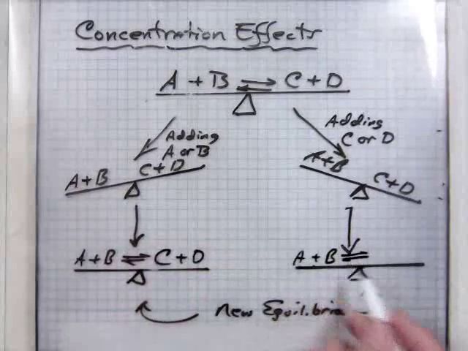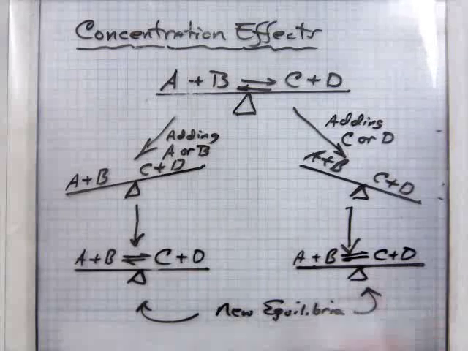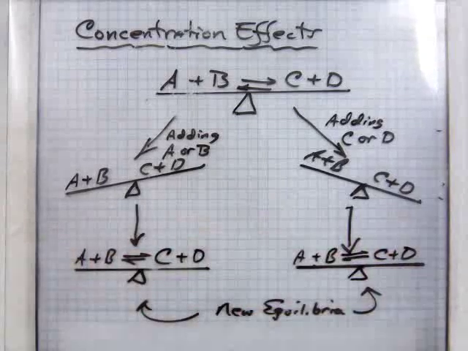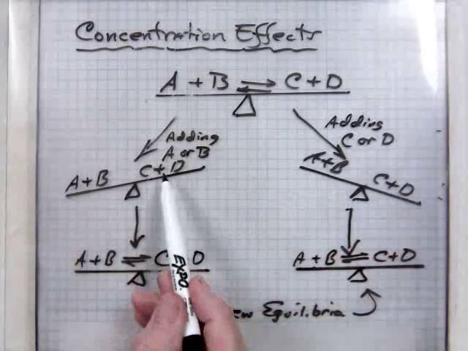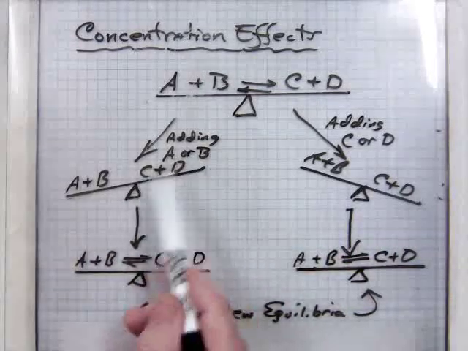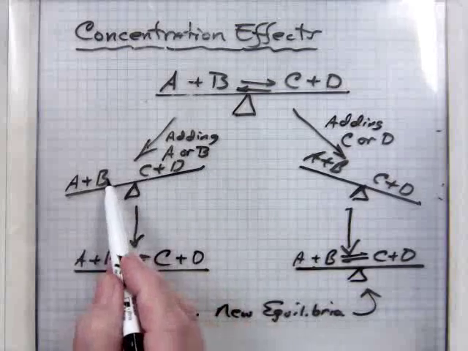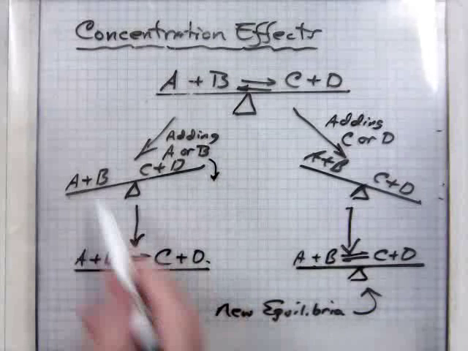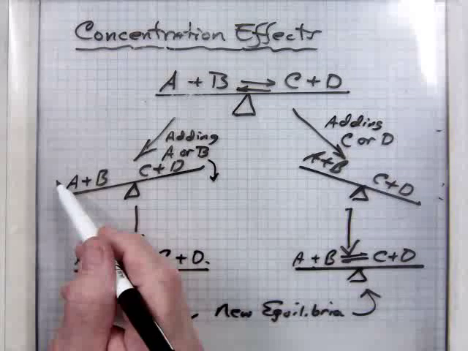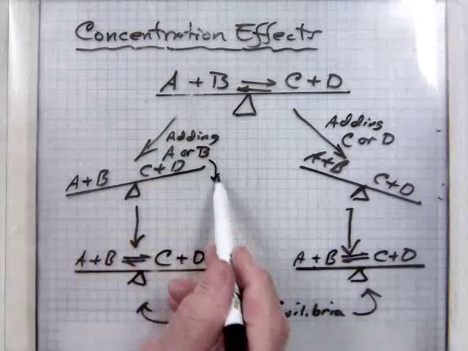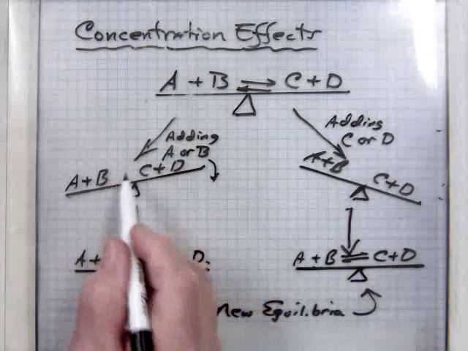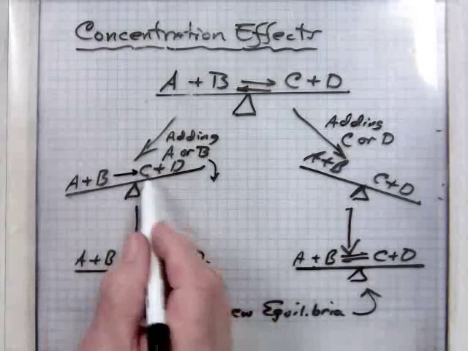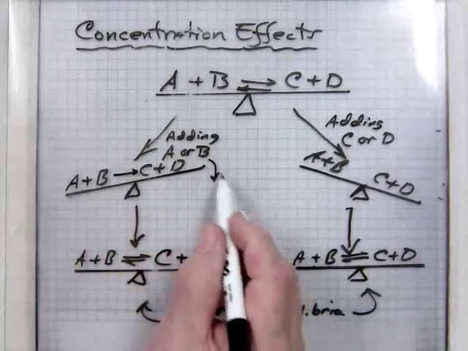So when you look at these, what must happen? Well, we have to add more weight over here to the right side. In order to re-achieve balance, it tilted left when the weight was added, but it must tilt right to reestablish. That means the reactants must react to make more C and D to make this come down.